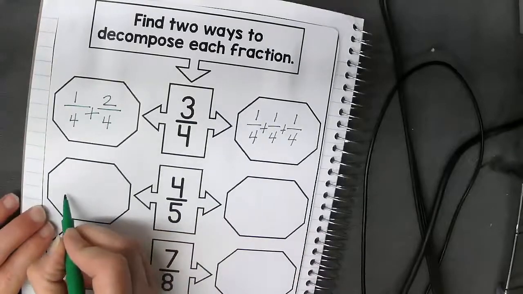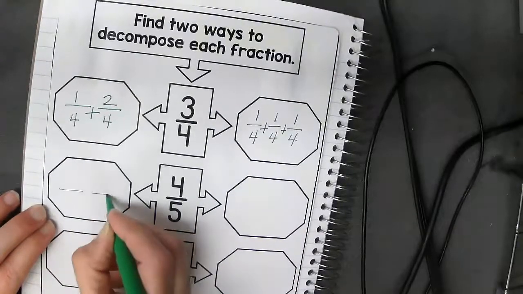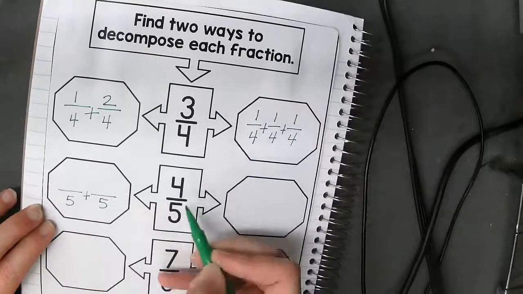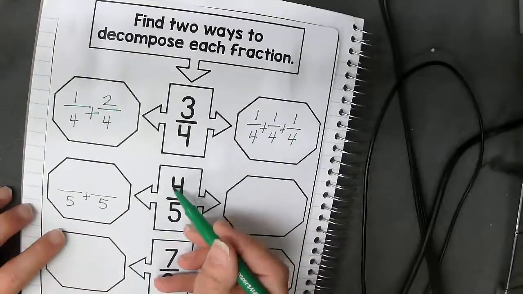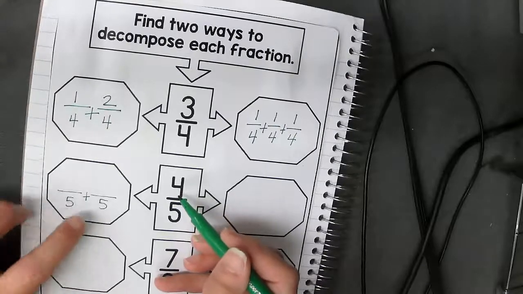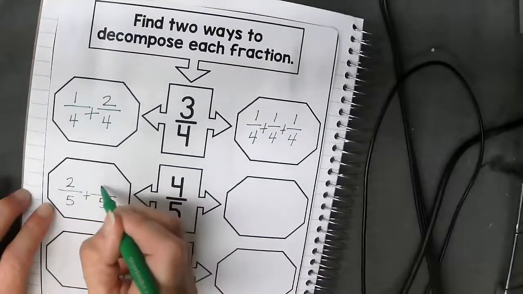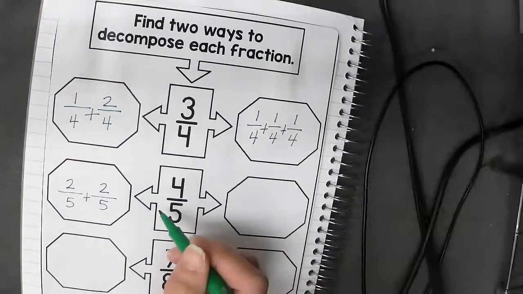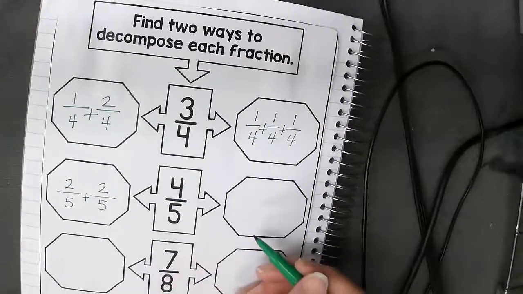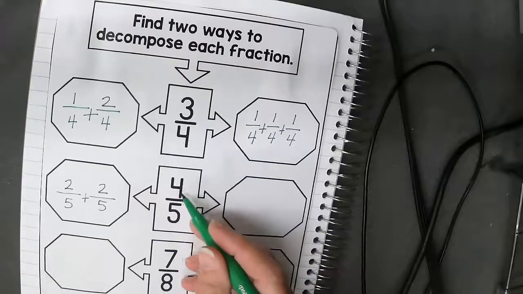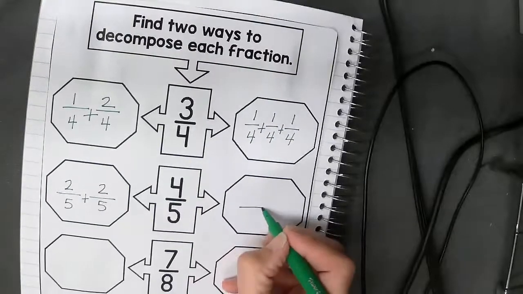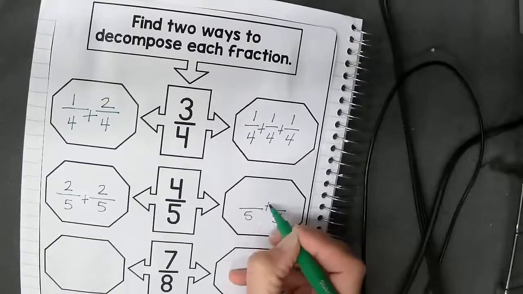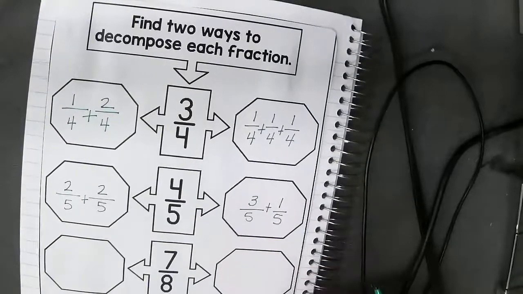All right, so I know I'm going to start out with fifths on the bottom, and I'm going to just do 2 this time. So 2/5 plus 2/5 would be 4/5, because 2 plus 2 is 4. And then another way that I can create a 4 is 3 plus 1. So I'm going to go ahead and put my denominators down as fifths and say 3 plus 1.